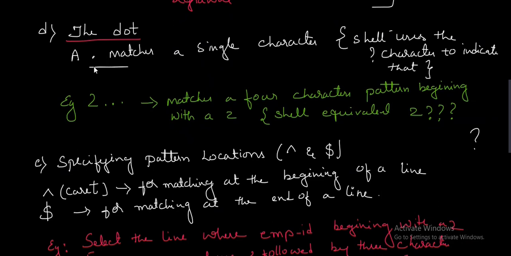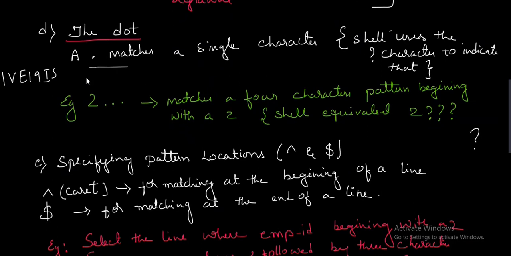Whenever you want to match a single character, use dot. Asterisk indicates one or more, so I cannot use asterisk here. If I am very specific, say your USN is 10 digits, then I can just use 10 dots to match that particular pattern wherever it occurs. In your USN, some characters are common: 1, VE, 19, IS.